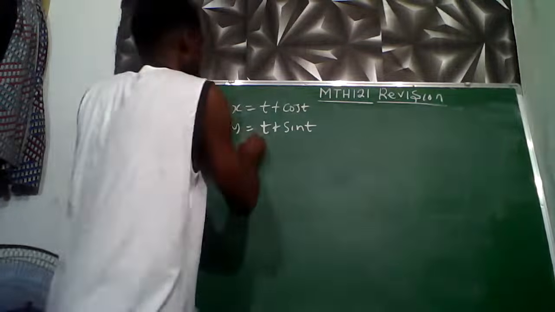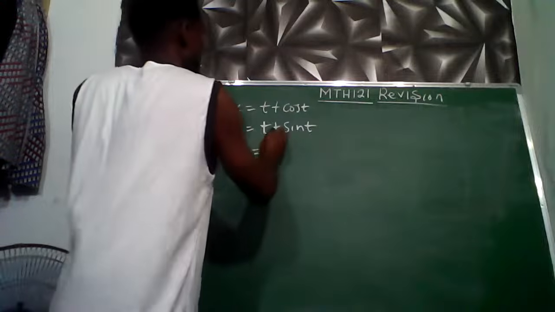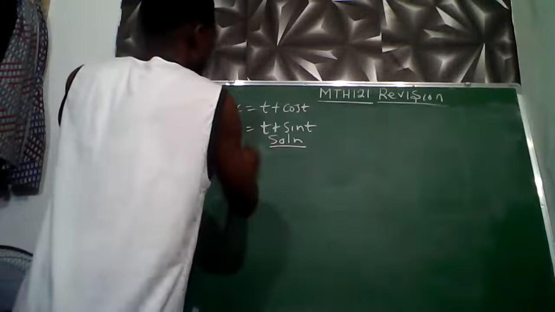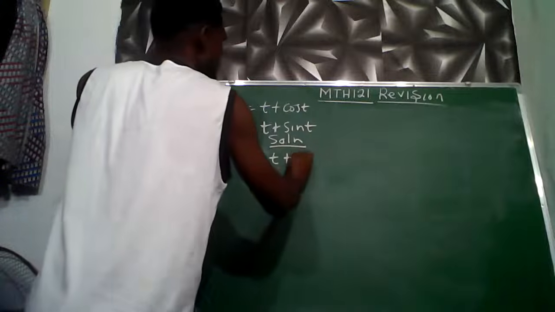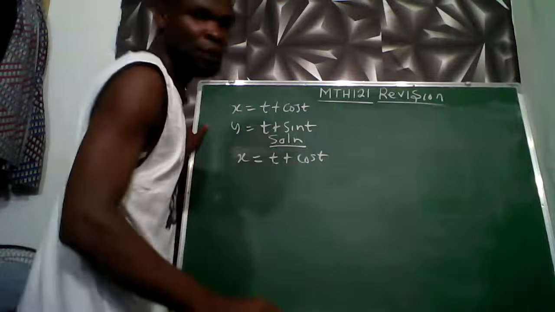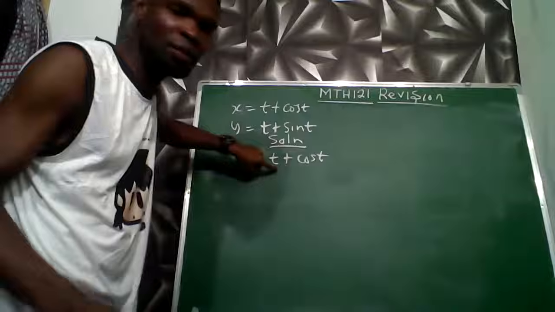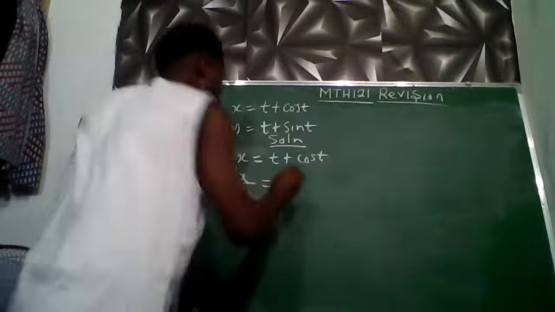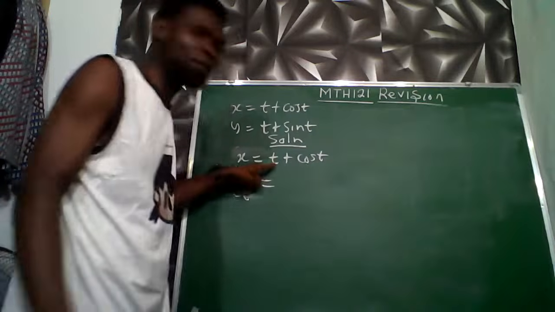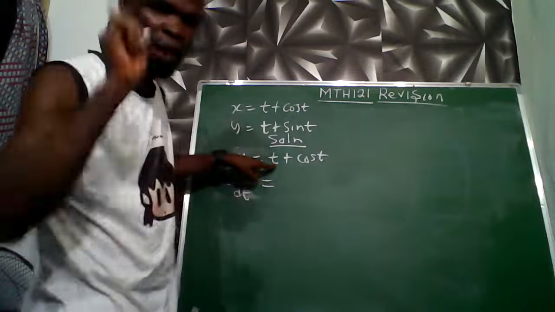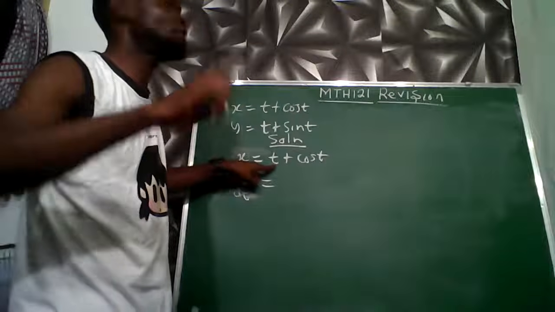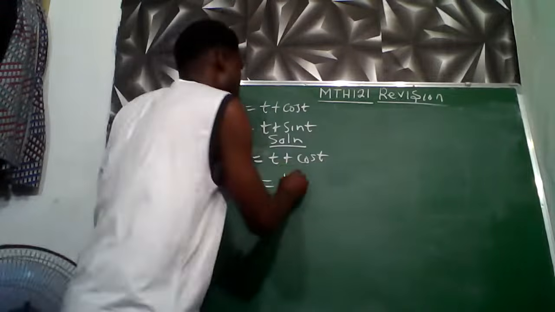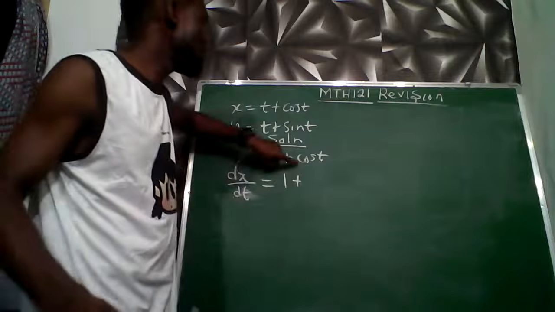So what do we do? Let's go. x is equal to t plus cos t. So dx/dt will be equal to, what is the derivative of t? Don't forget that anytime you differentiate a variable, you have 1. So the derivative of t is 1, plus, what's the derivative of cos t?